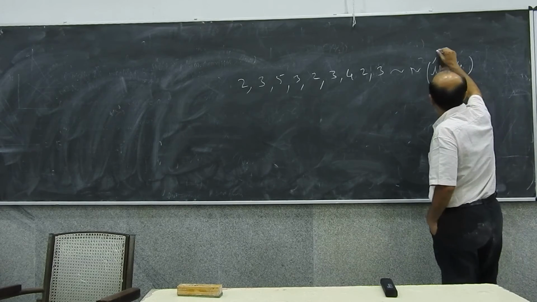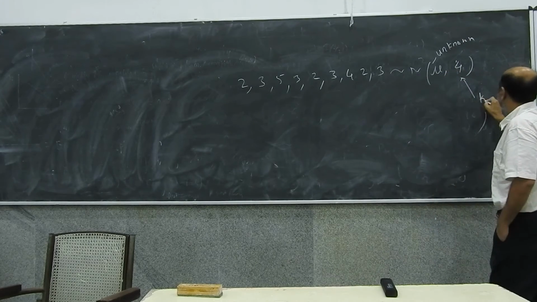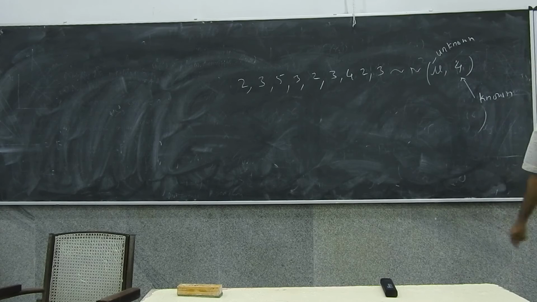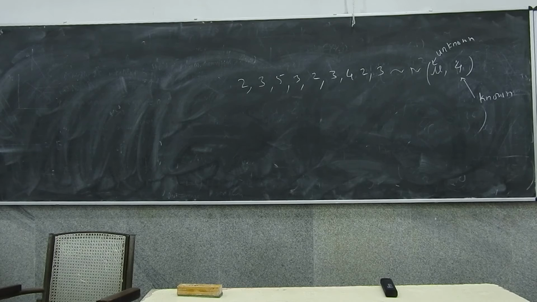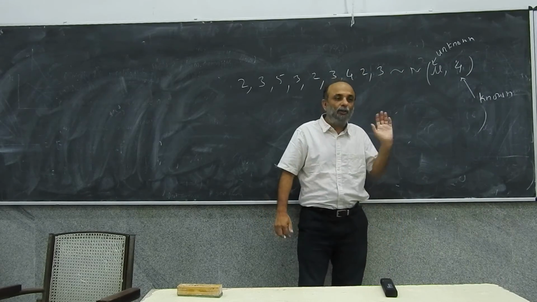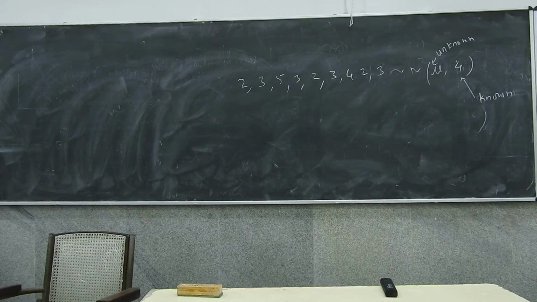So this is unknown, this is known. Make sure we understand what is known and what is unknown. In this problem, we know the population variance. Somehow, maybe a little bird came to you and told you that the population variance is 4. But somehow we know it. Mu is the unknown population mean. You have to make a guess at what the population mean could be.